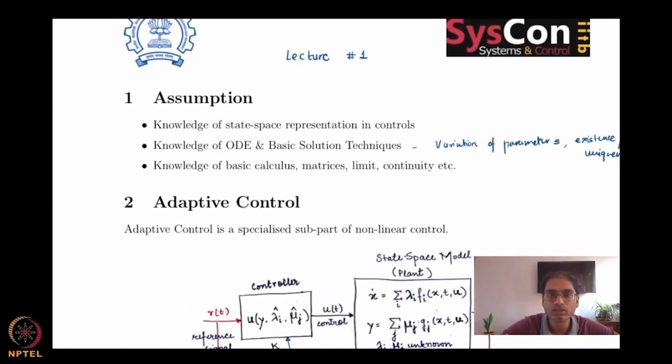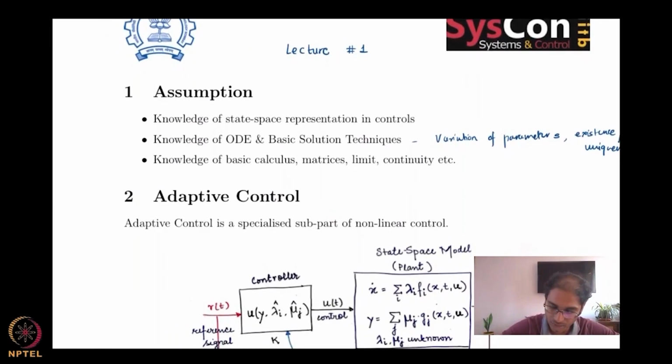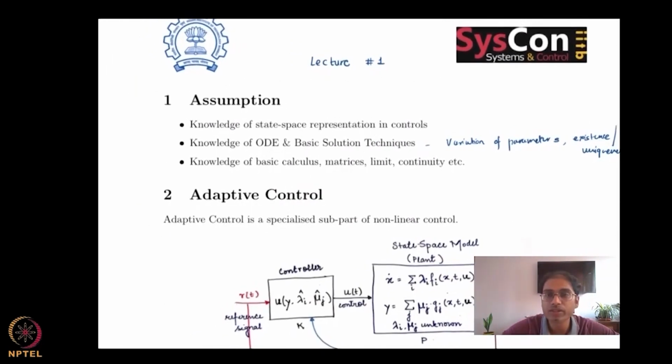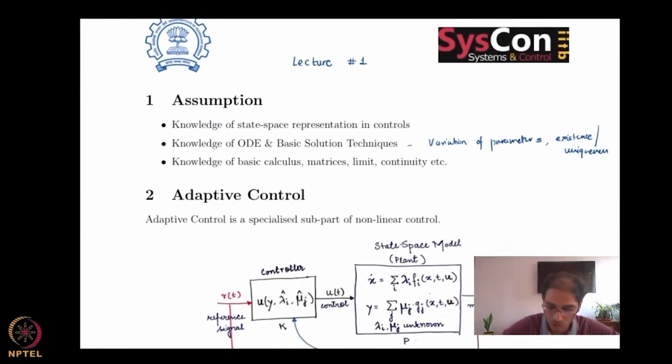Those are a couple of things that you definitely are required to know. Then of course we expect you to know some basic multivariable calculus like limits, continuity, matrices, and things like that. A basic engineering maths course should cover all of this material.